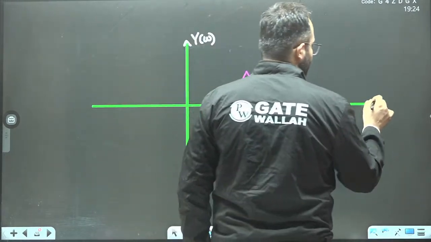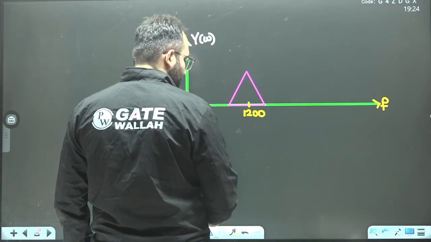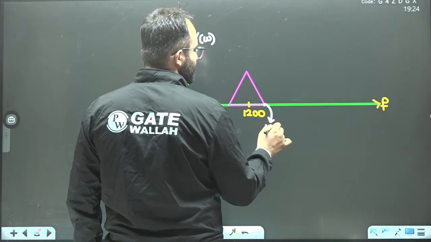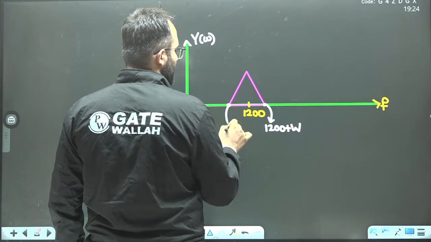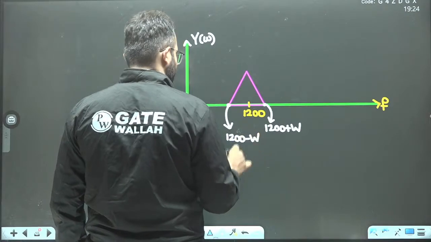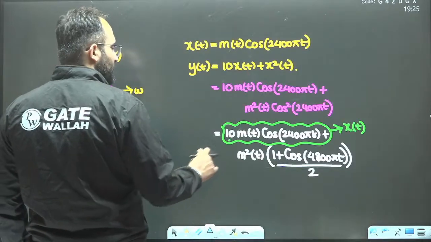Okay. So this is 1200, plus W, and 1200 minus W. Now, so this term is drawn.